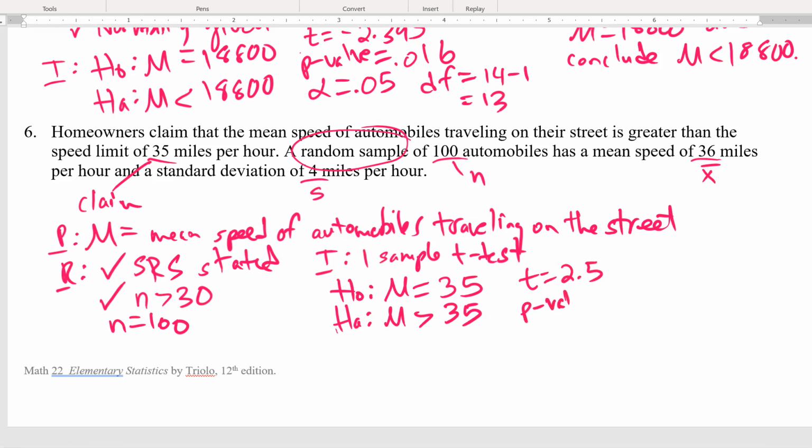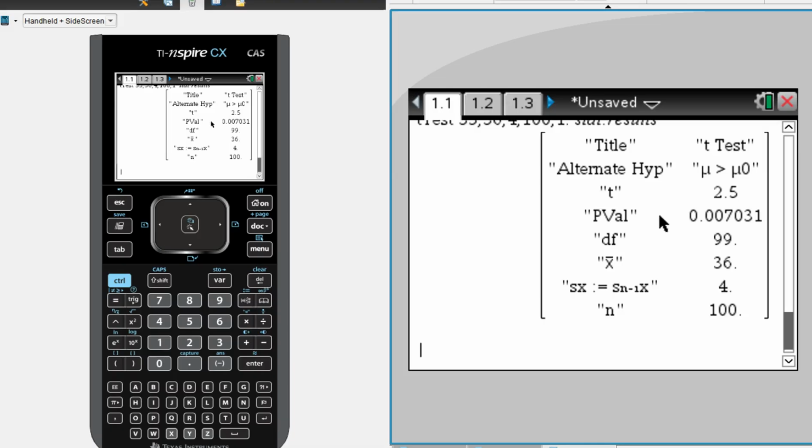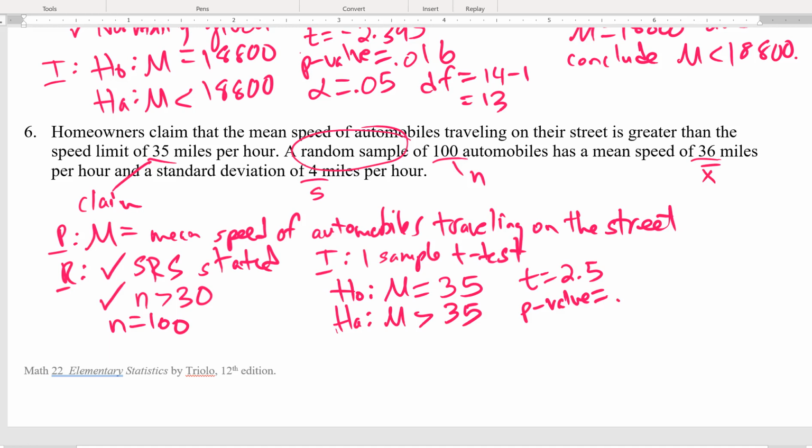T is 2.5. P-value, about 0.007. Alpha was not stated, so 5%. And degrees of freedom, 100 minus 1, 99.